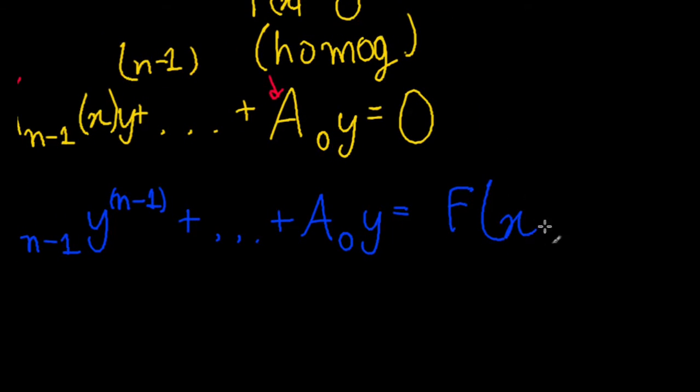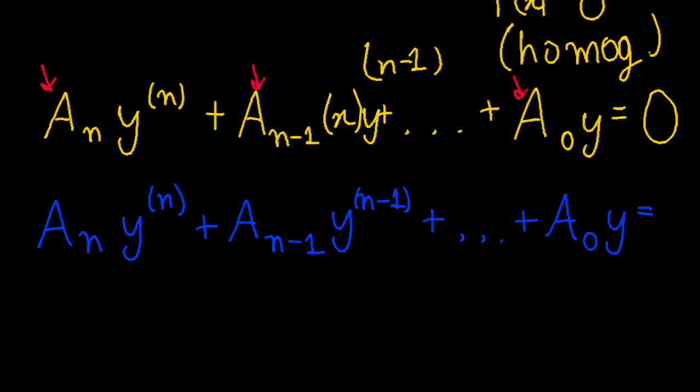And this is the homogeneous differential equation that we can derive from here if we just set the right side to 0.